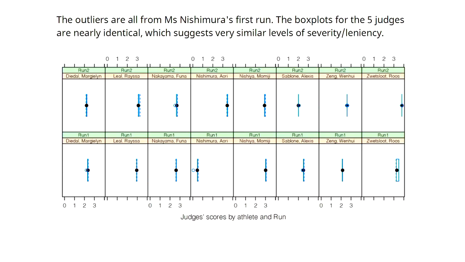And you can also get an idea of how close the scores were. What really stands out there is that the scores were really close between the judges for each candidate for each run. The biggest variance was for Zwetsloot here, who got a very high score in her first run.